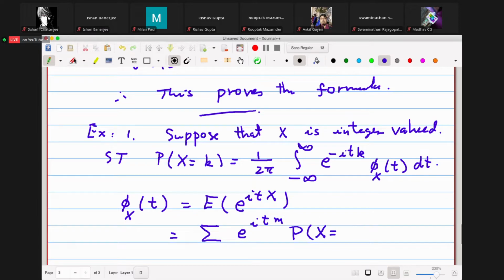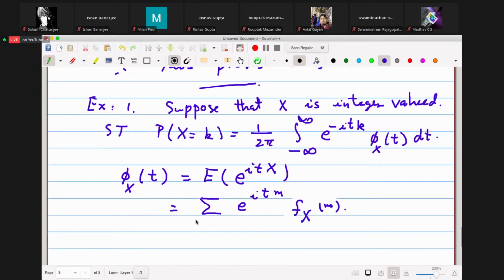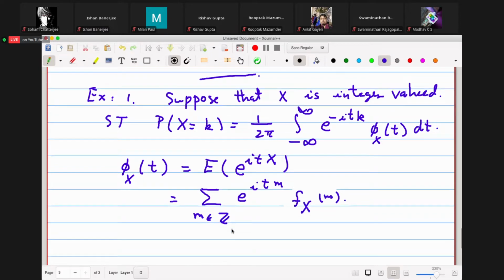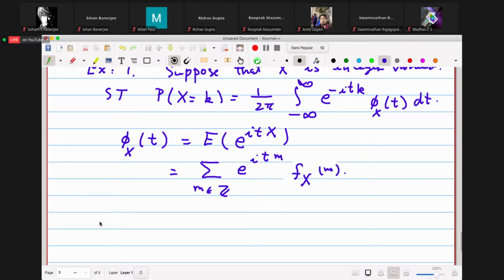You can write the mass function if you want. Why confuse? Just write f_x of m, where m varies over the integers. Therefore, now you can integrate e power minus itk. That is, you start with this, right, and then try to simplify what you get.